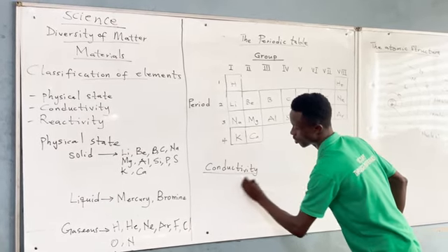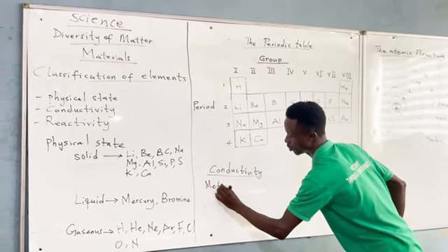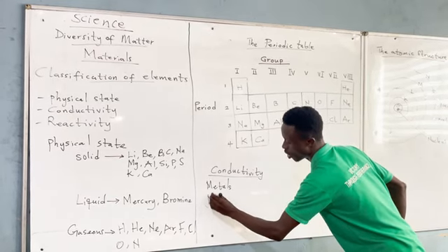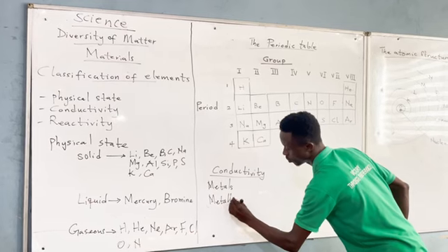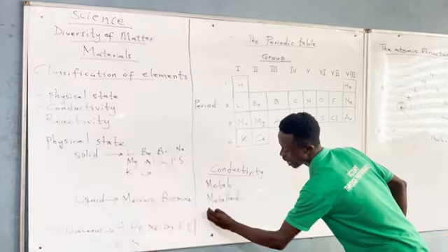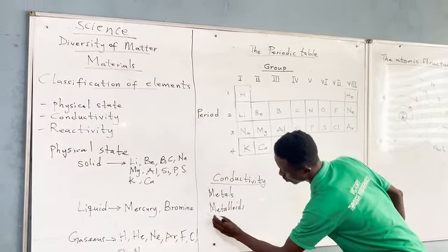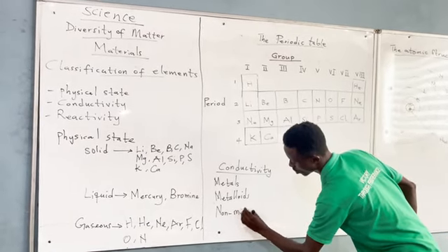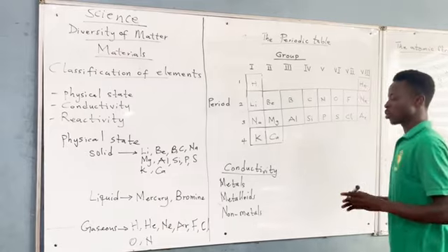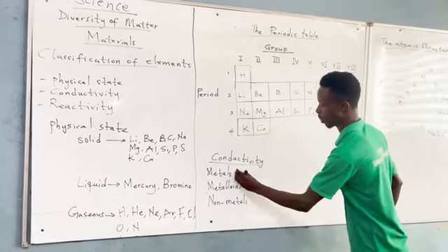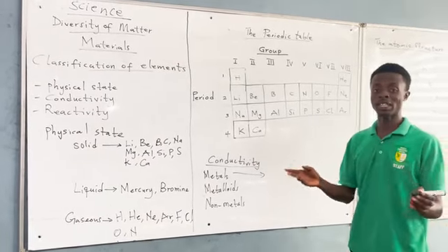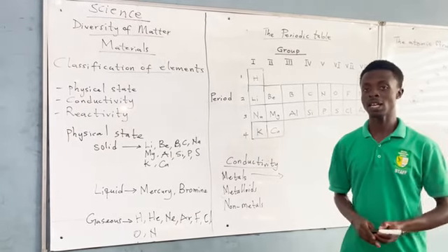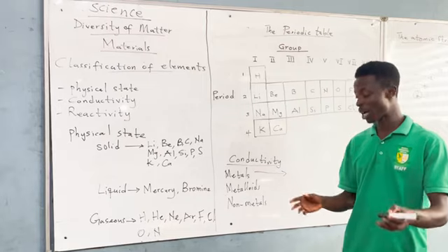In conductivity, we will talk about elements that are metals, we have metalloids, and then we have non-metals. Metals are good conductors of heat and electricity. So we are going to look at elements that can allow heat and electricity to pass through them.